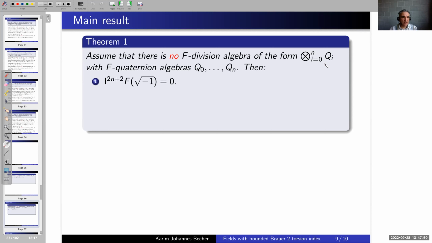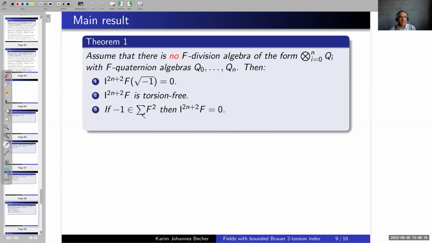Before I say something on how to get there, the consequence of that is this implies in particular that if you take the 2n+2 power of the fundamental ideal of F, that this is torsion free. There's some typical going down statement here that you get this torsion freeness. Now, if this is torsion free, this says in particular, if we have a non-real field, then it's zero.